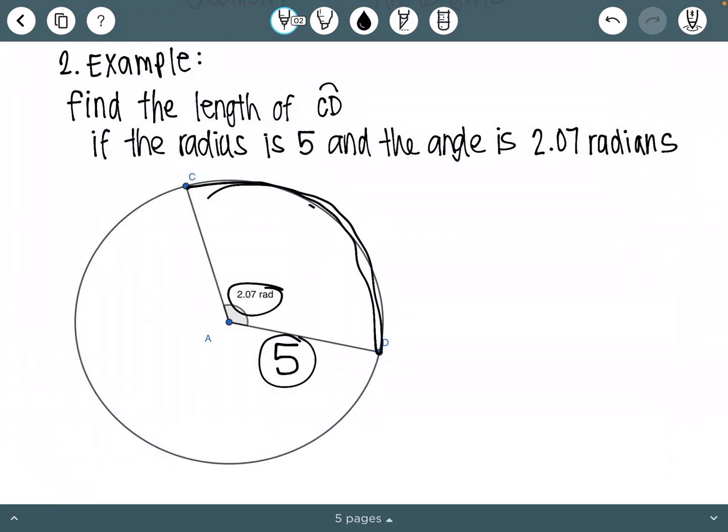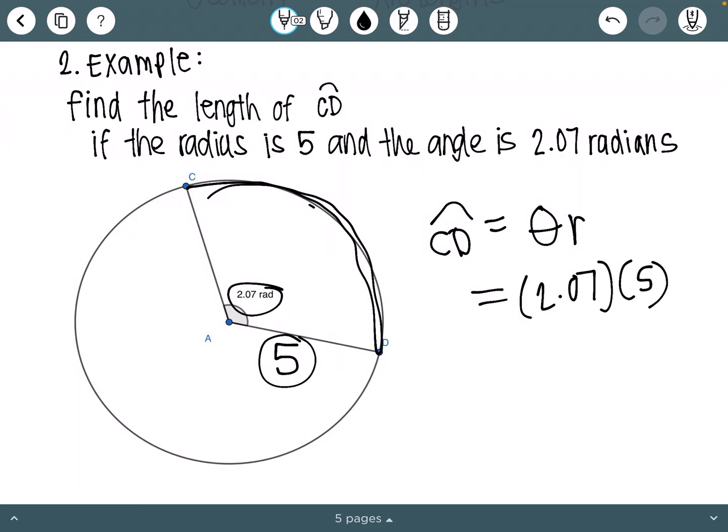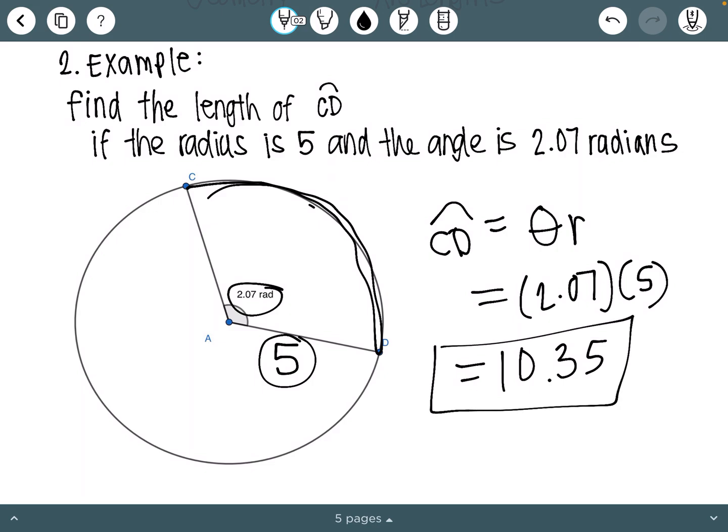So arc length is going to equal the angle times the radius. That's 2.07 times 5, which is 10.35. So that is the length of our arc.